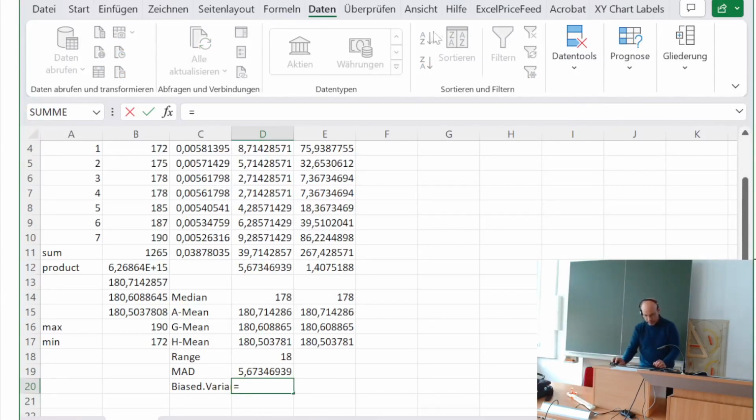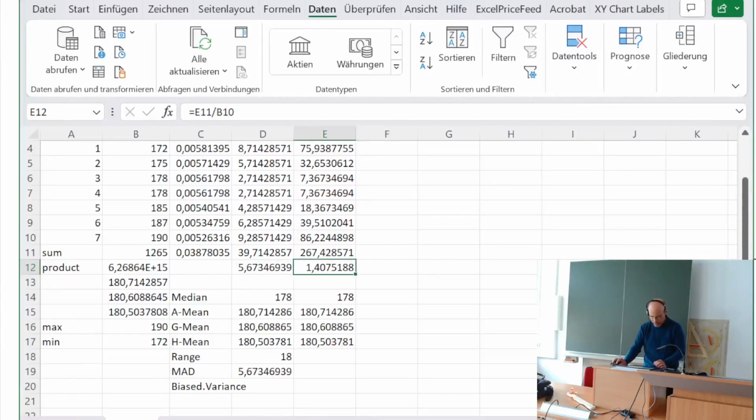So this is, here's something wrong, I think, or this is too low. Oh yeah, because it just switched to the 190 here when I copied my formula.